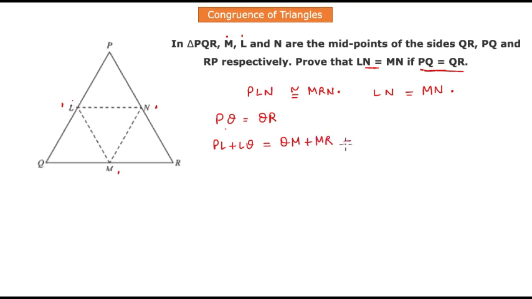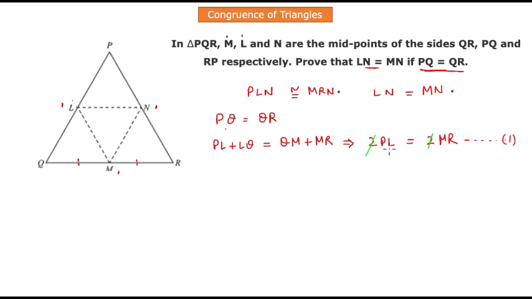That means I can rewrite this as twice of PL, because PL will be equal to LQ. So twice of PL is equal to twice of MR, because the line segment MR is going to be equal to the line segment QM. Or in other words, you can simply cancel out 2 from both sides of this equation and we can conclude that PL is equal to MR. And this is what you can label as your finding number 1.